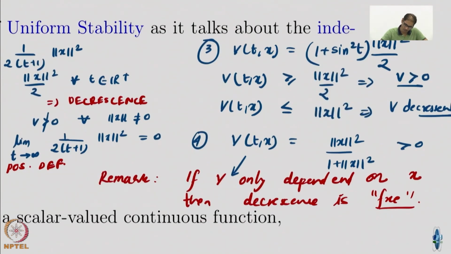Just like we said that uniformity for time invariant systems is free, if your V is purely a function of states, then again uniformity is free. There is no decrescence to evaluate, it is decrescent and positive definite because there is no time argument in it. So decrescence is free.